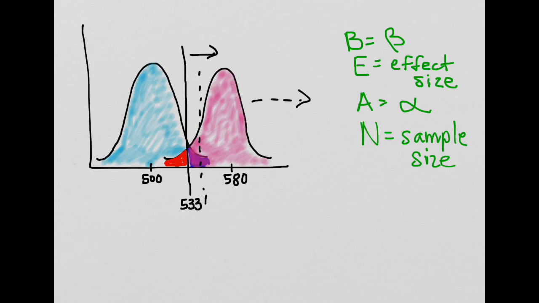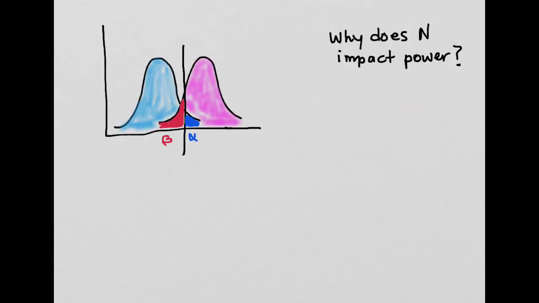N is related because N impacts the standard error, which is the standard deviation of the sampling distribution, which is the width of the sampling distribution. Okay, so as N increases, power is also going to increase, right? So we will look at an example of that.